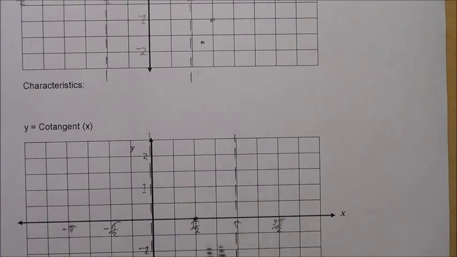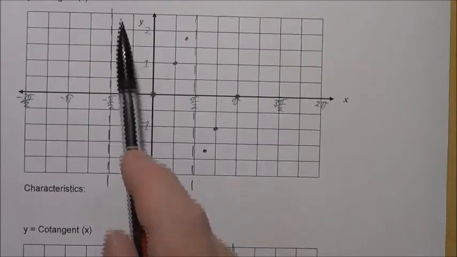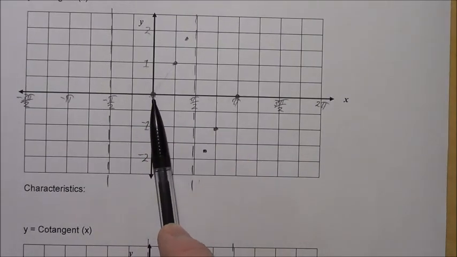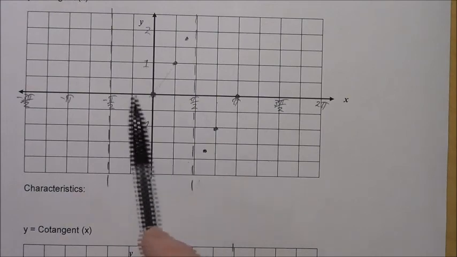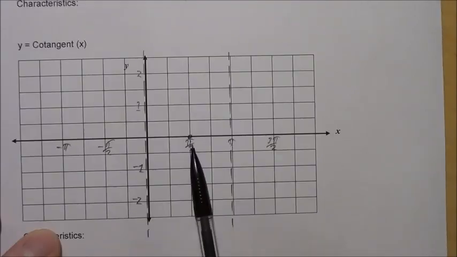Okay, again, notice now that for cotangent, the vertical asymptotes aren't in the same positions as they are for tangent, and the position of the curve at any value when it goes through the x-axis is not going to be the same as it was for tangent.